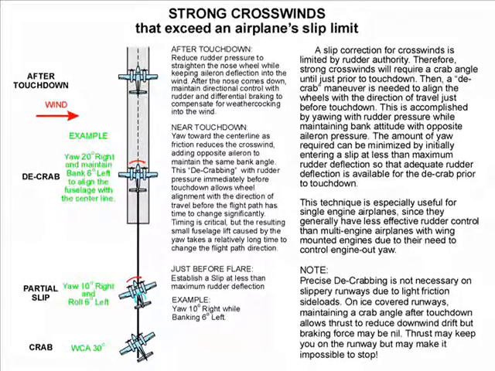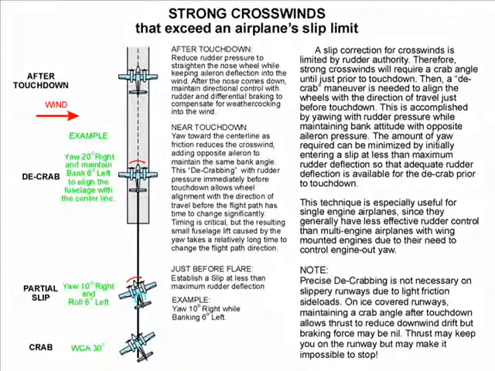This decrabbing with rudder pressure immediately before touchdown, where friction reduces the crosswind, allows wheel alignment with the direction of travel before the flight path has time to change significantly. Timing is critical, but the resulting small fuselage lift caused by the yaw takes a relatively long time to change the flight path direction.